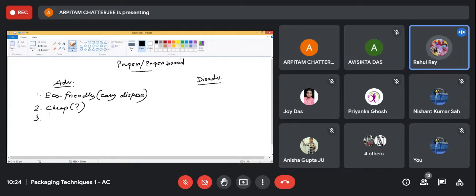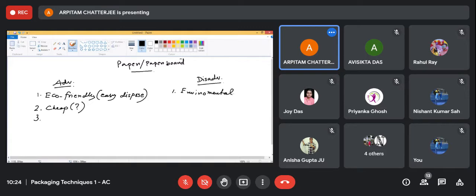Sir, the cost of cutting trees: to make paper we have to cut trees, so that is an issue. Obviously that's a disadvantage, that it can cause environmental issues. That is obviously not an advantage. So anything in terms of advantage?